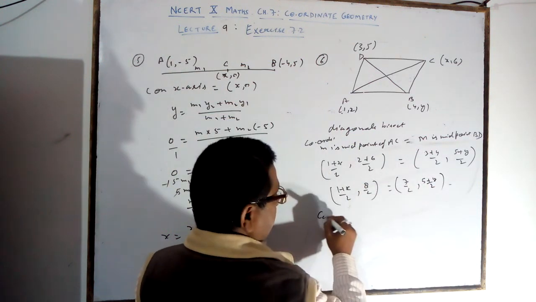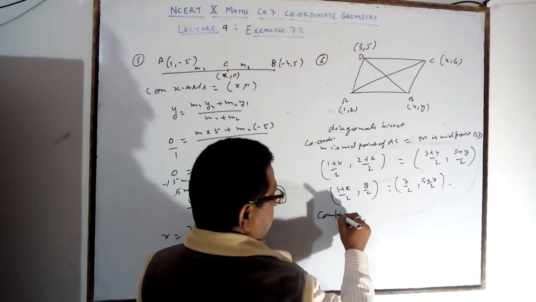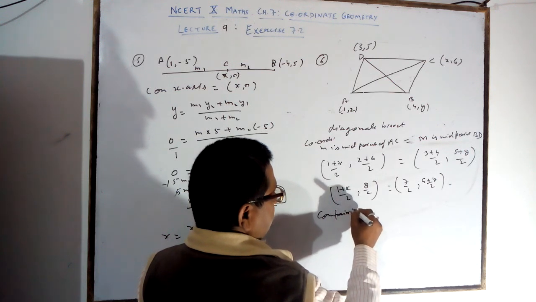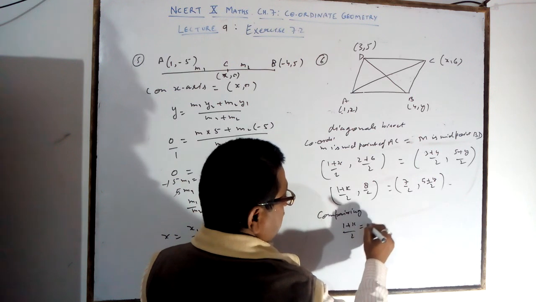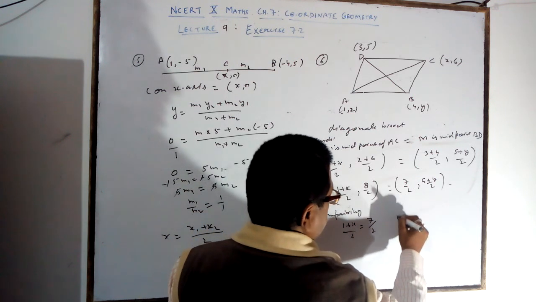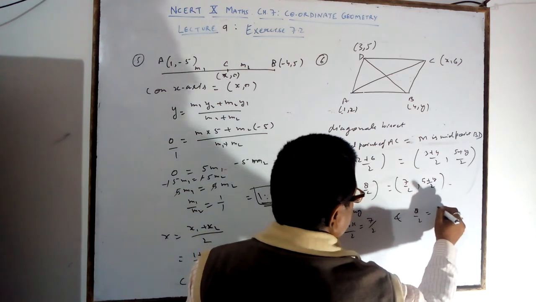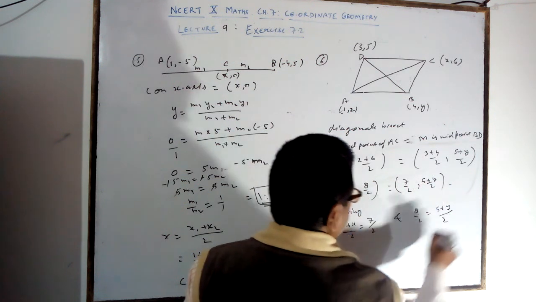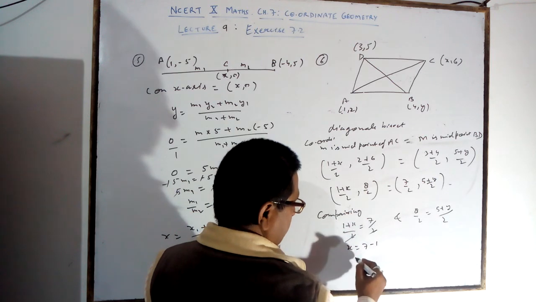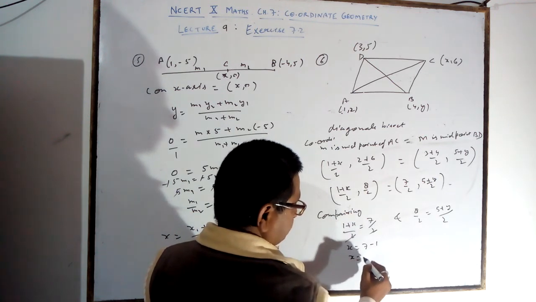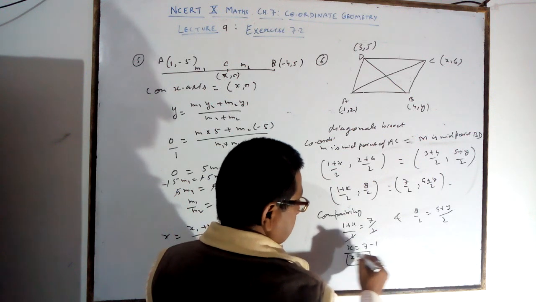Comparing x with x, 1 plus x by 2 is equal to 7 by 2, and 8 by 2 is equal to 5 plus y by 2. On both sides the 2 cancels, so x is equal to 7 minus 1, x is equal to 6.